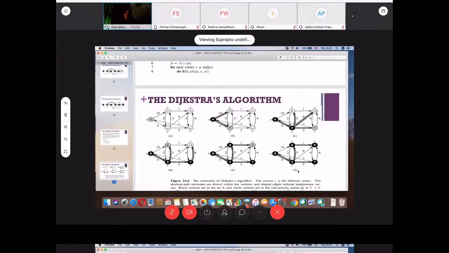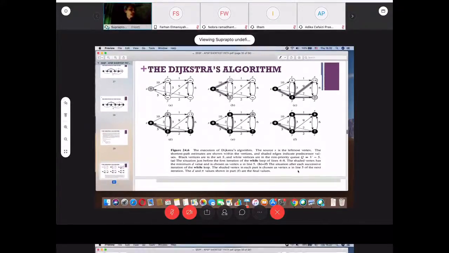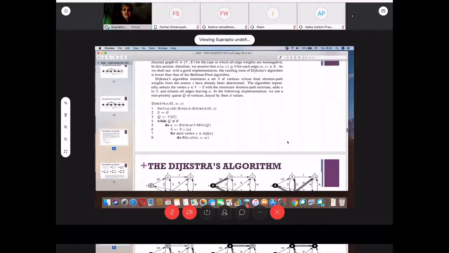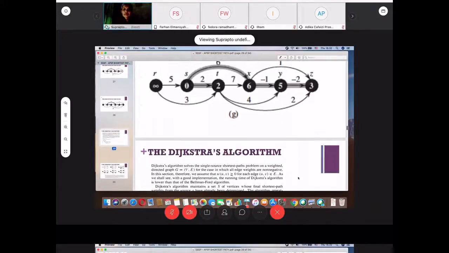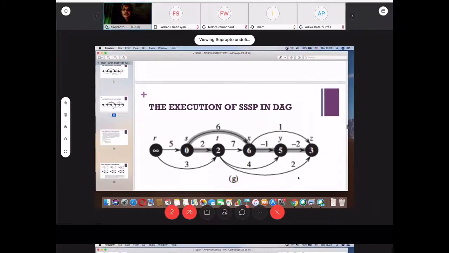The result is the tree rooted at S, and there is only one child, which is Y, and Y has 2 children, which are Z and T, and T has one child. And I think that's all of the single source shortest path problem. Any questions so far?